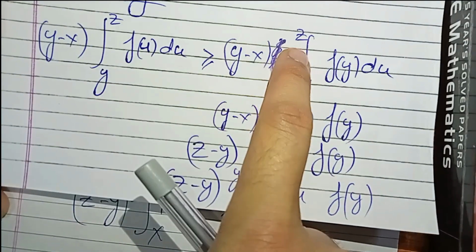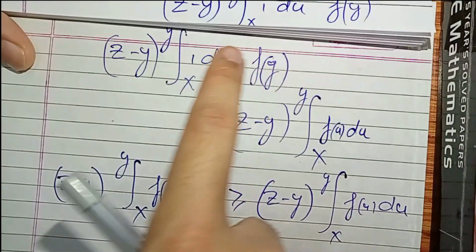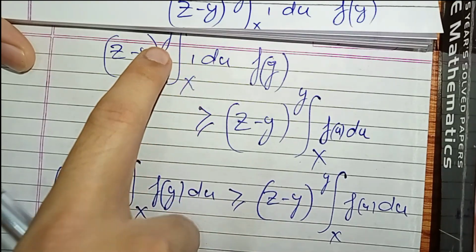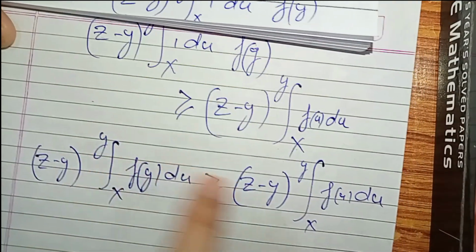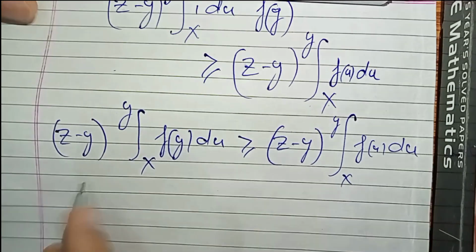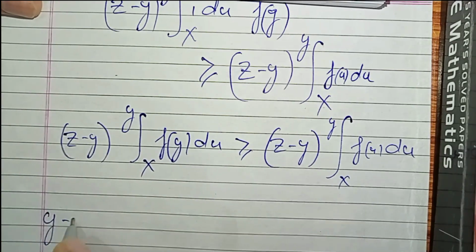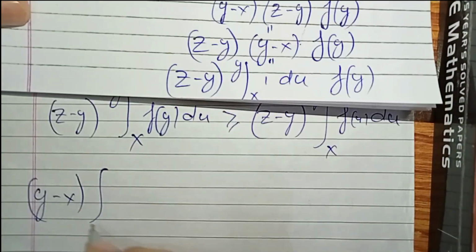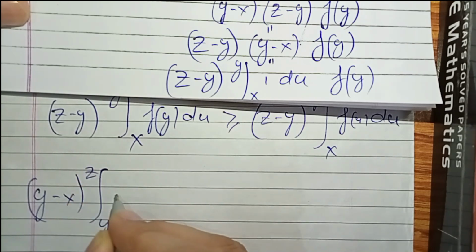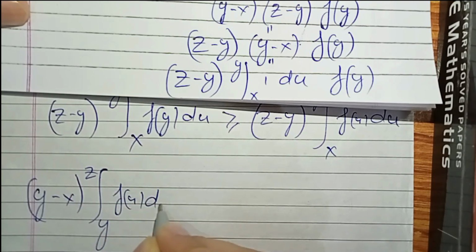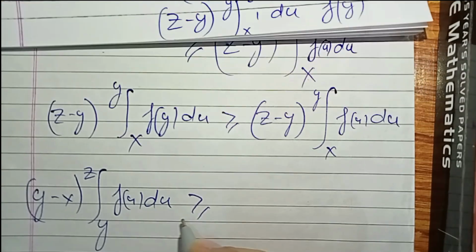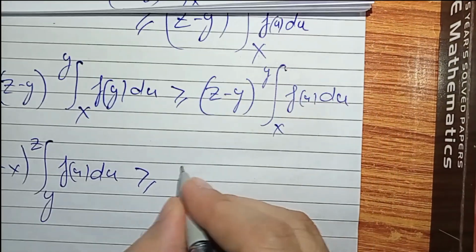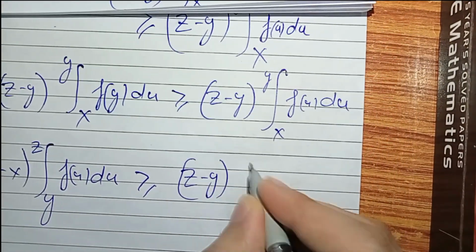This is greater than this, and all the rest are equal, and this is greater than this. So I think from here I can say that y minus x, which is this thing, I'll write it now here, is greater than this, which is what I had to prove.